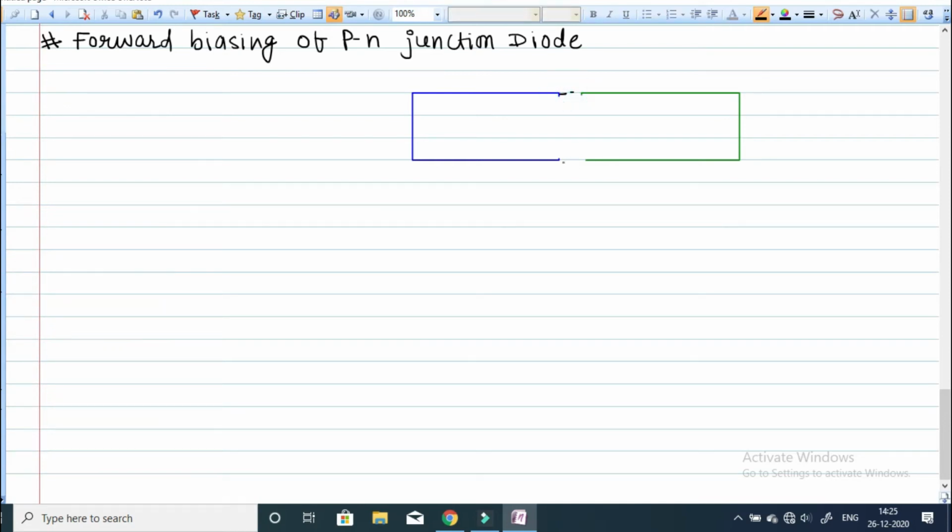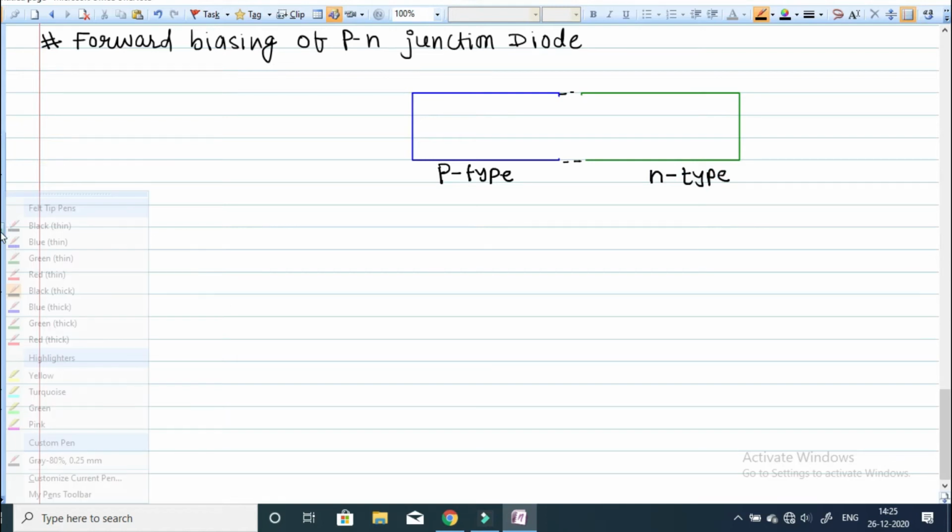This is our p-type semiconductor, and this is our n-type semiconductor. In case of p-type semiconductor, basically the main charge carriers are holes. Positively charged holes are there. Positive, positive, positive, positive.